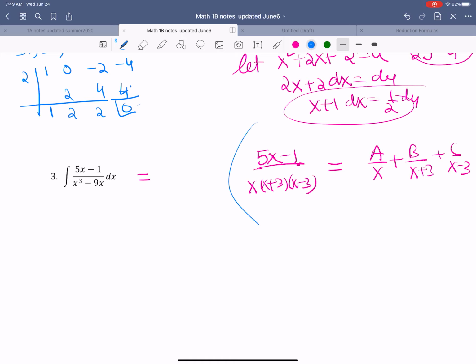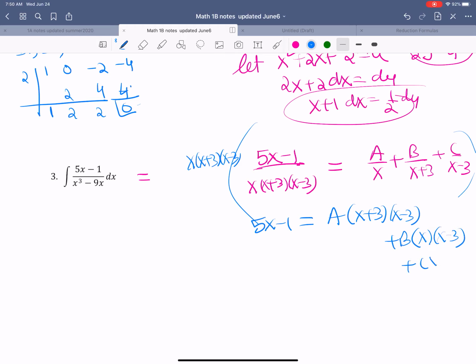If I multiply both sides by x times (x plus 3) times (x minus 3), the left-hand side turns out to be 5x minus 1. The right-hand side is a(x plus 3)(x minus 3) plus bx(x minus 3) plus cx(x plus 3).